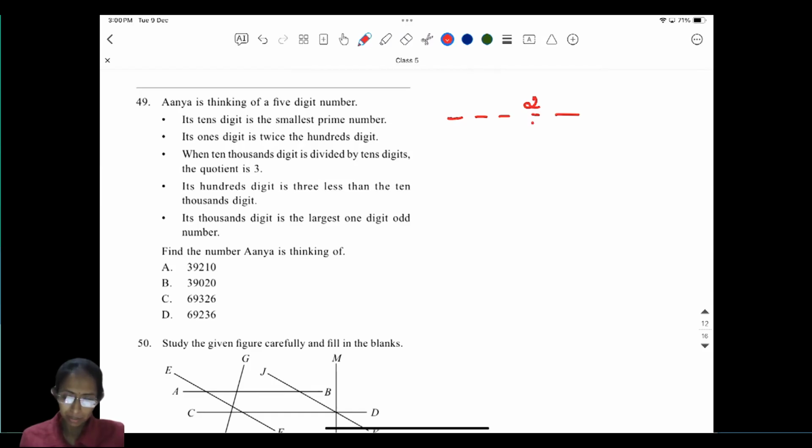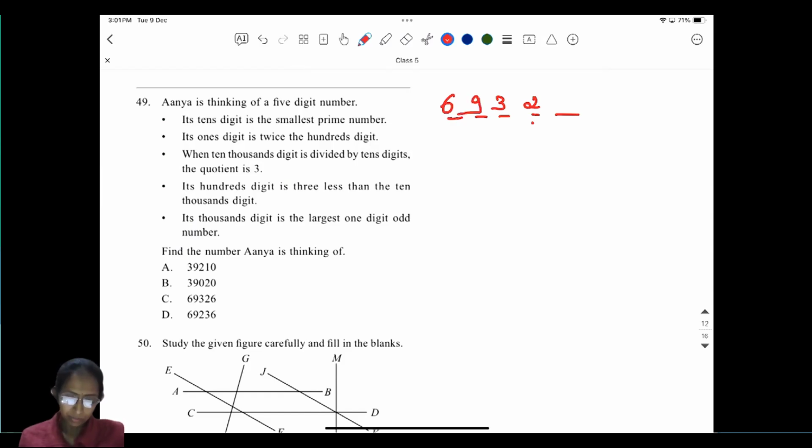Question is 3. That means the 10,000 digit should be 2 into 3. So this is 6. 100 digit is 3 less than the 10,000 digit. So 100 digit is 6 minus 3. That means 3. And the 1000 digit is the largest 1 digit odd number, which is 9.